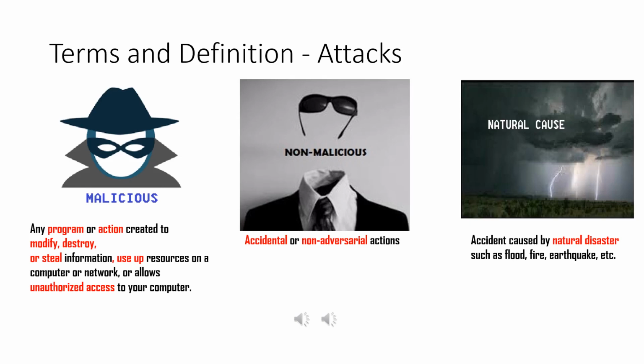This can be done with the intent of stealing personal information, such as in social engineering, or to reduce the functionality of a target computer. Non-malicious attack is the accidental or non-adversarial actions. Natural cause attack is the accident caused by natural disasters such as flood, fire, earthquake and etc.